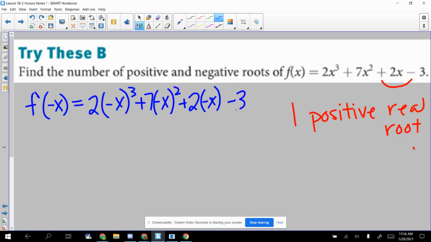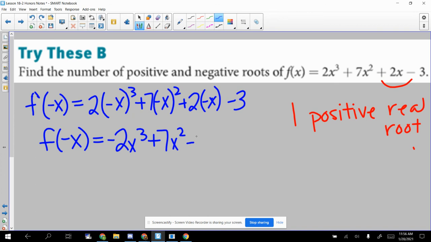And then minus 3. So now we simplify. And negative x cubed, again, is negative x cubed times 2 is negative 2x cubed. Negative x squared is positive x squared. So that's going to be plus 7x squared.